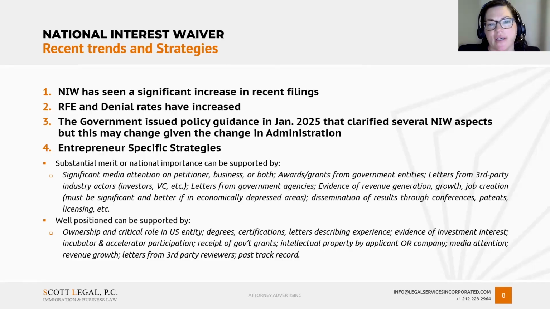Another example of adjudication shifts: during the last administration, the federal government did focus more on the STEM fields, so science, technology, engineering, mathematics. Those did seem to be of particular national importance. The White House had publications go out on these, and people often used those to support their NIW submissions.